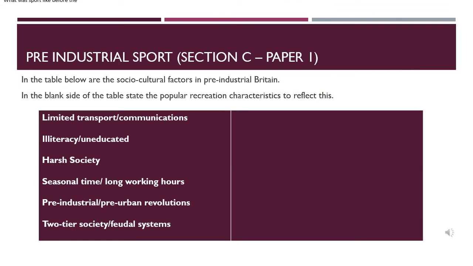Pre-industrial sport is part of the Sport and Society section on Paper 1, Section C. In this section, you look at how the Industrial Revolution helped to change and develop sport, how sport has changed and developed over time, and what sport looks like in the modern day commercialised world.